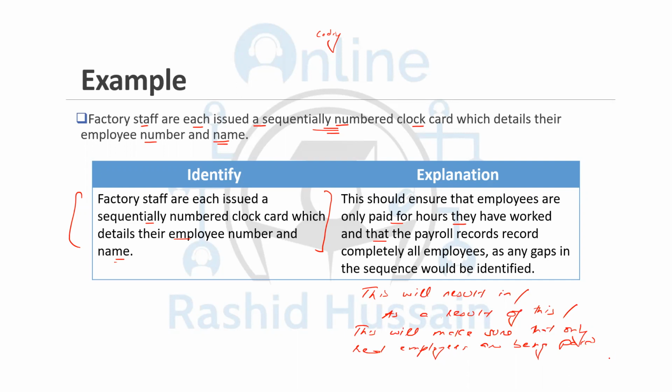So if everyone has a sequential number clock card, which details their employee number and name, this will make sure that only real employees are being paid according to the work they have performed.